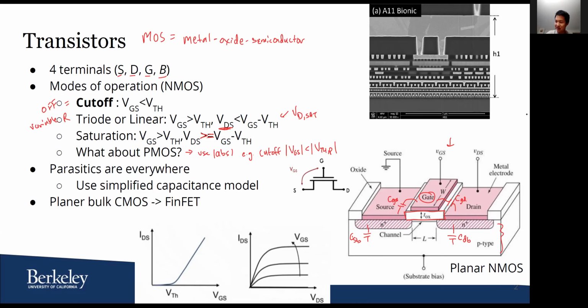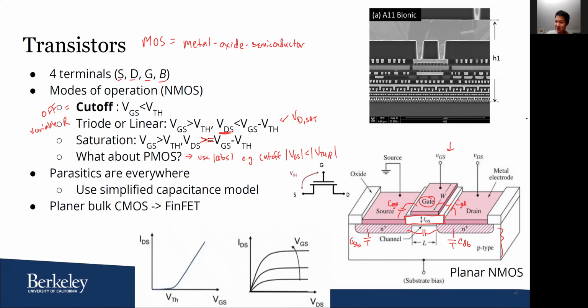Okay, you also have a parasitic capacitance between the drain and source. This is usually not very large. And then you also have one directly from the gate to the body. Okay.